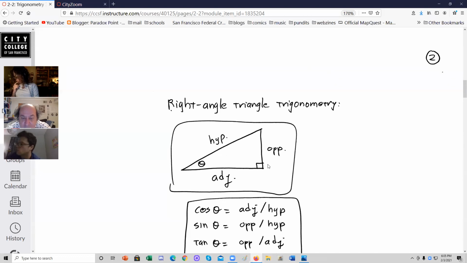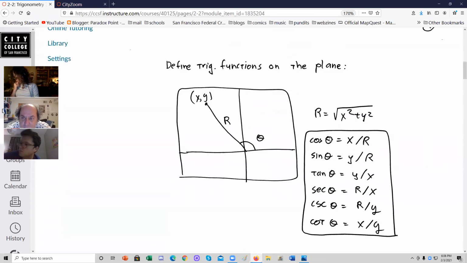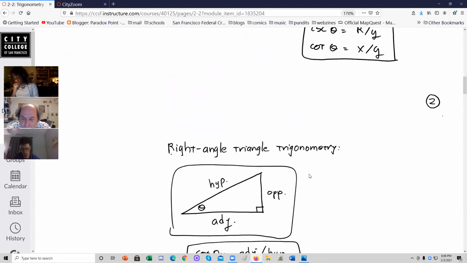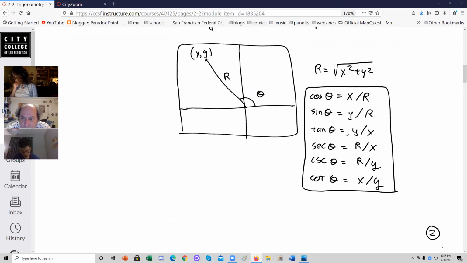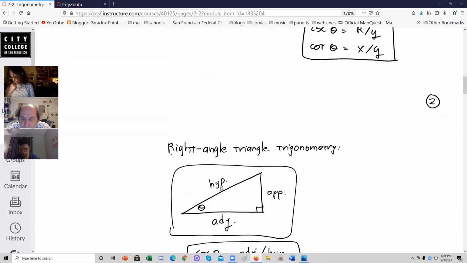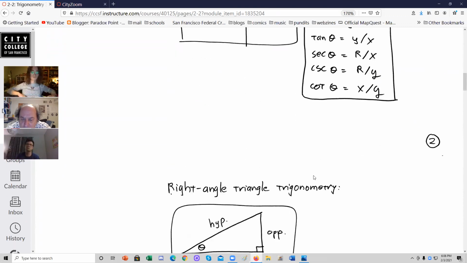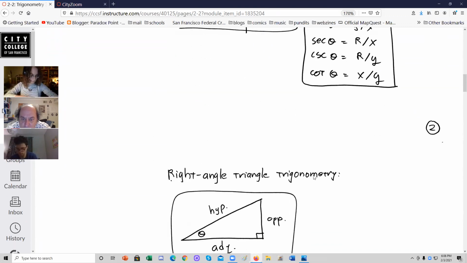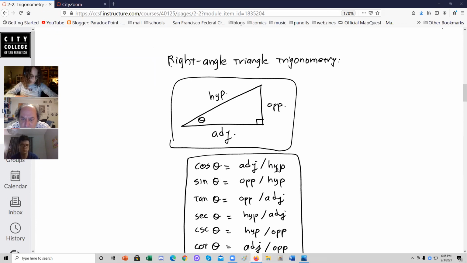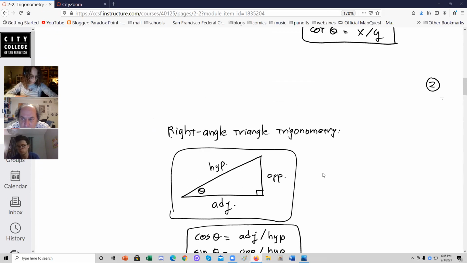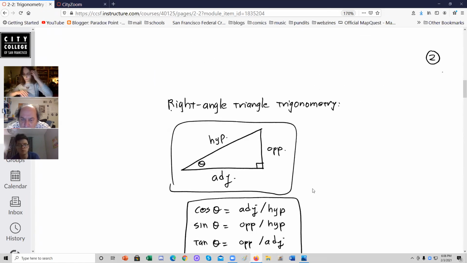If ADJ corresponds to x, OPP corresponds to y, and HYP corresponds to r, then right away, cosine becomes adjacent over hypotenuse. Sine is y over r, opposite over hypotenuse.